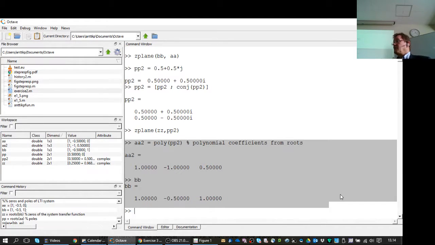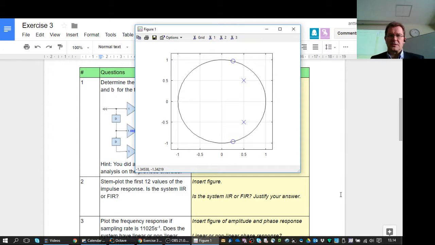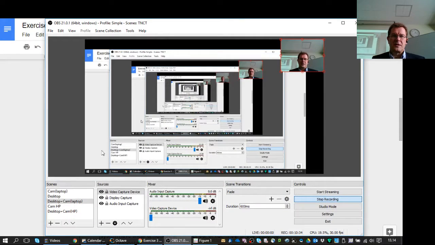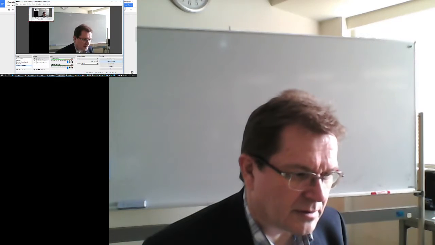Next step would be to check what is the impulse response. Yesterday we already checked that we have this filter, which is actually the arbitrary response of any system. Maybe I should turn this one the other way around.